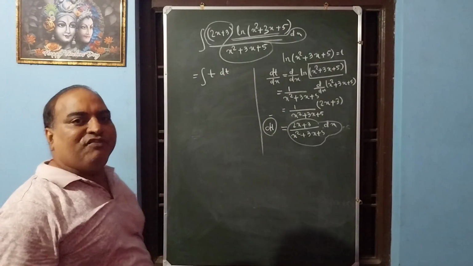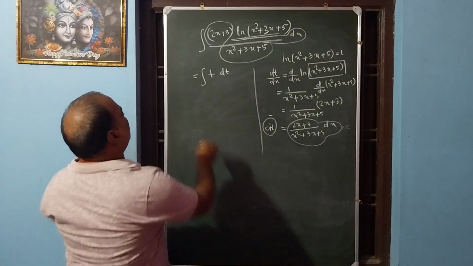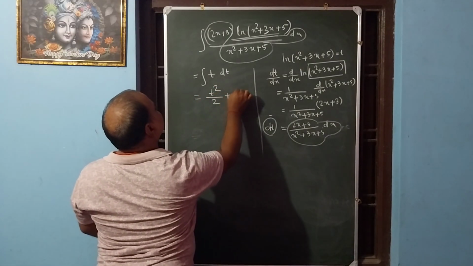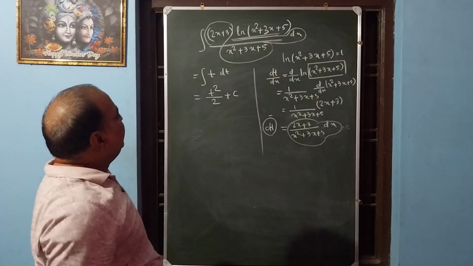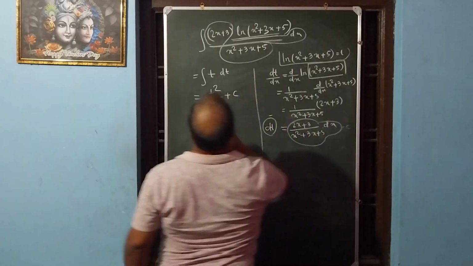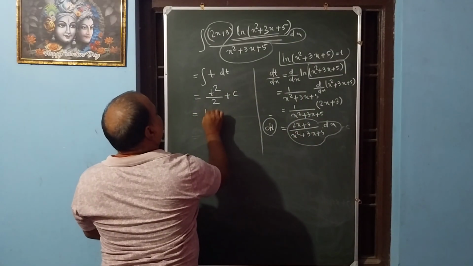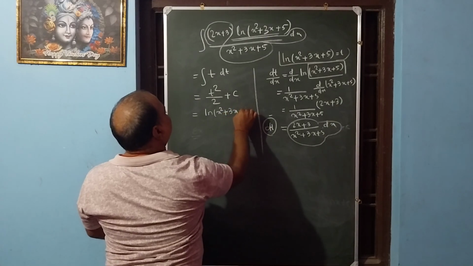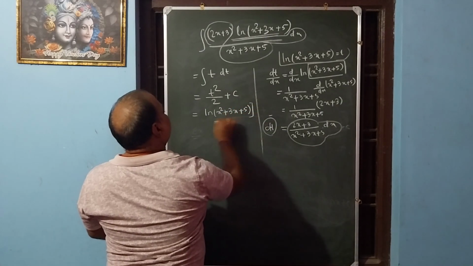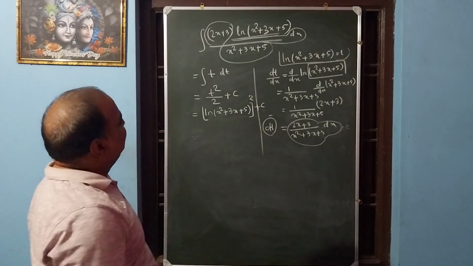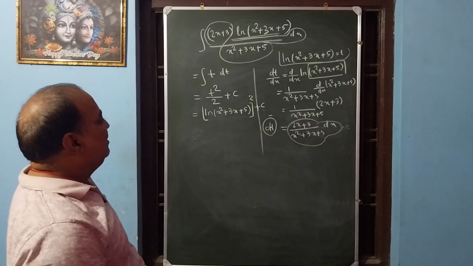The integration of t dt is t square by 2 plus c. In place of t, we put this quantity. So we get ln of x square plus 3x plus 5 whole square by 2 plus c. So this is the answer.